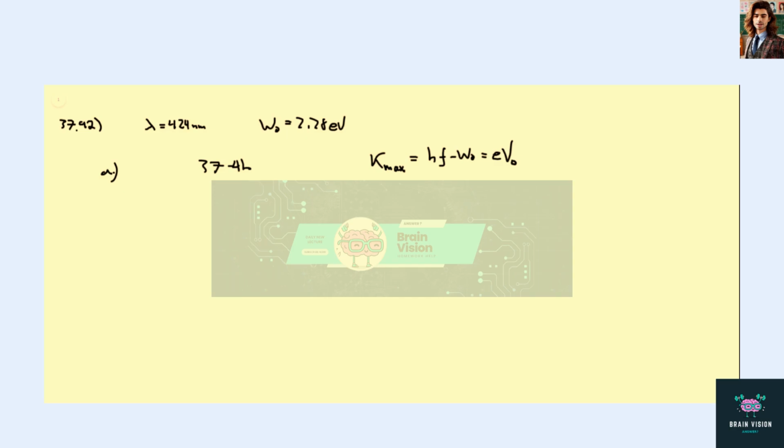If we rearrange that, we can solve for V naught as hf minus the work function over E, and this also can be written in terms of the wavelengths, such as hc over lambda minus the work function all over E. So now let's figure this out.